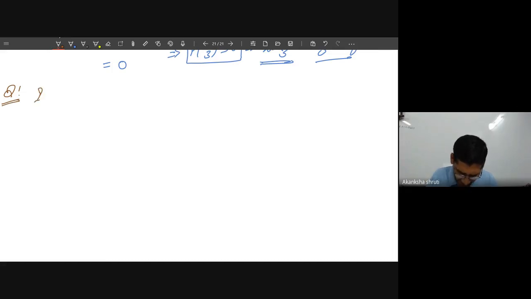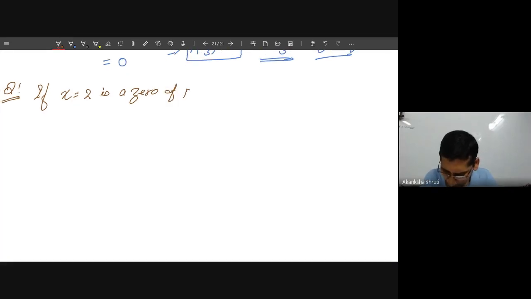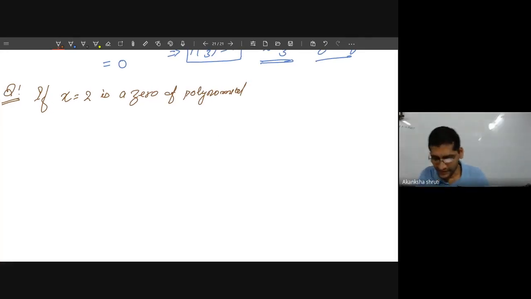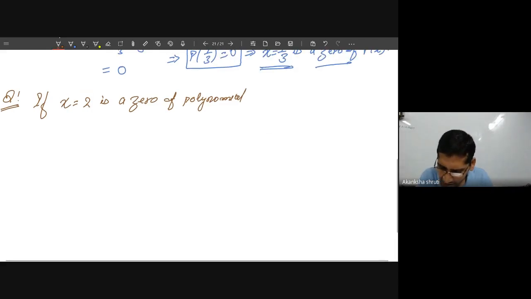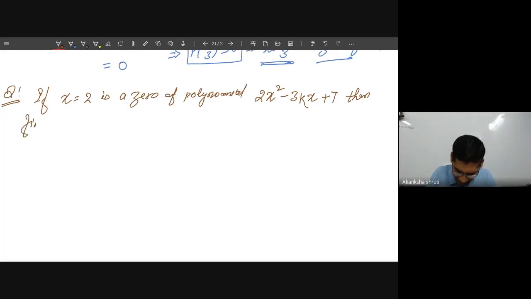Write: if x equals 2 is a zero of the polynomial p(x) = 2x squared minus 3kx plus 7, then find the value of k.